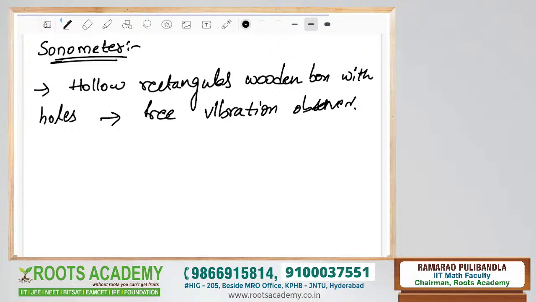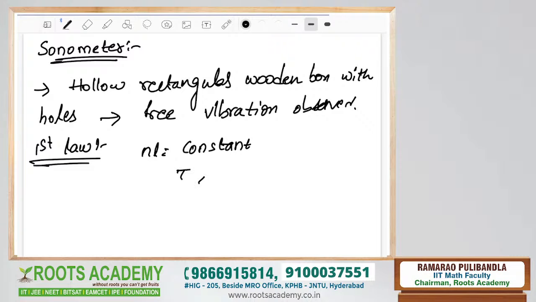In this sonometer we have the first law: n L is equal to a constant, by changing the tuning forks and noting the corresponding vibrating lengths, while the tension T and the linear density m are constant.